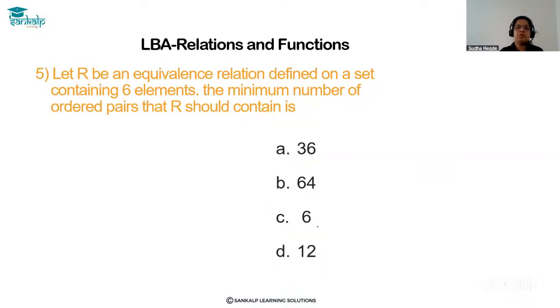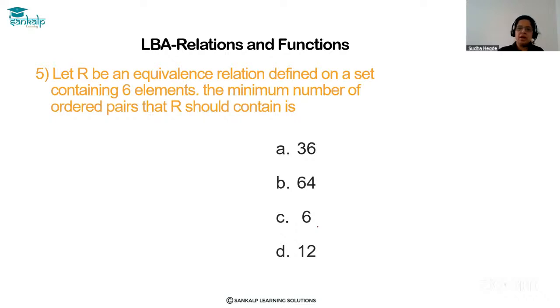Now, hi students, let us take the fifth question. Let R be an equivalence relation defined on a set containing 6 elements. The minimum number of ordered pairs that R should contain is. Okay.